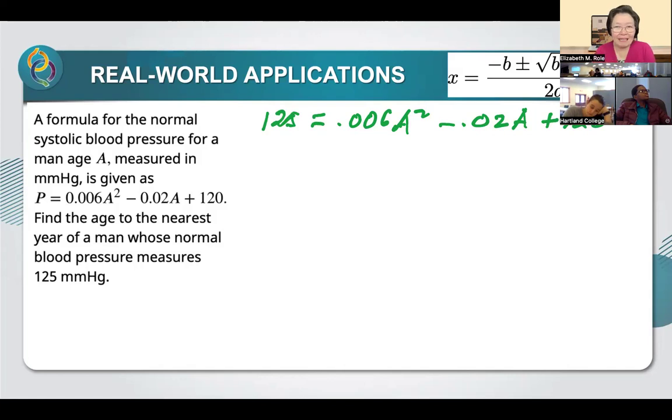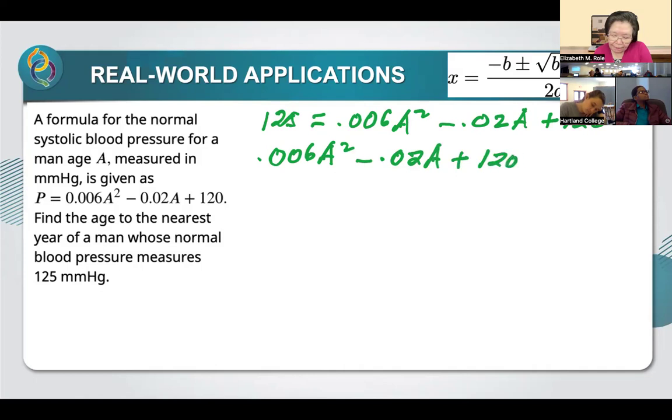We're plugging in the pressure of 125. So our final quadratic equation will be 0.006 A squared minus 0.02 A plus 120 minus 125 is equal to 0, because I transferred 125 to the other side.